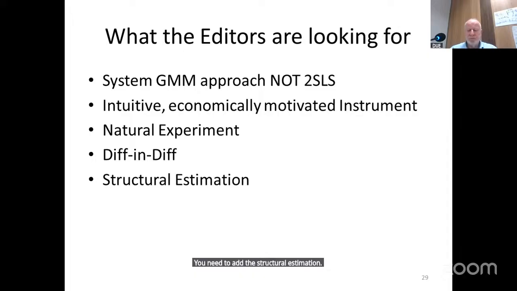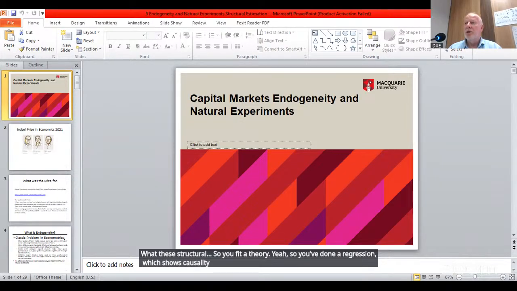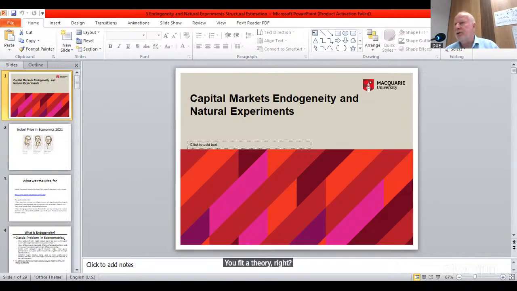Yeah? What is structural estimation? You fit a theory. So you've done a regression which shows causality. No, you fit a theory, like estimating a Cobb-Douglas production function, or estimating a life cycle theory. So you're fitting a theory.